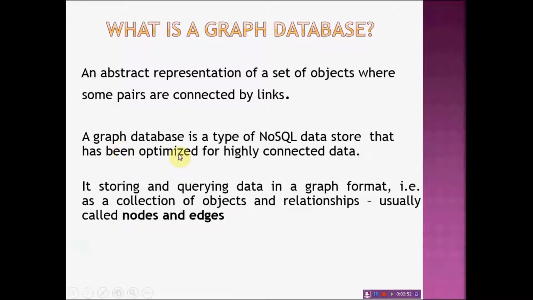A graph database is a type of NoSQL data store that has been optimized for highly connected data. Here, NoSQL is the backend storage of the graph database. It stores and queries data in a graph format, that is, as a collection of objects and relationships usually called nodes and edges.